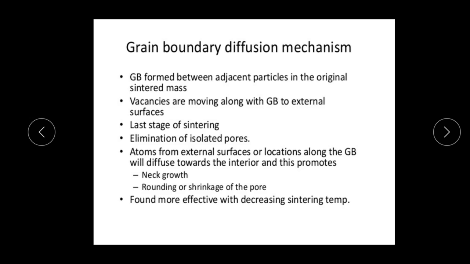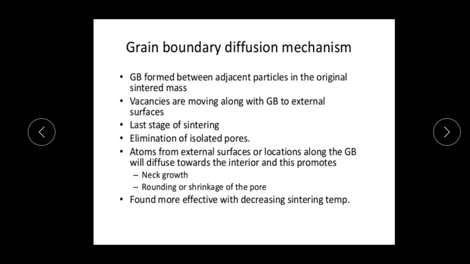In the grain boundary diffusion mechanism, the grain boundary is formed between the adjacent particles in the original stress mass. The vacancies move along the grain boundary to external surfaces, which is the last stage of the sintering process, and it can also eliminate isolated pores.